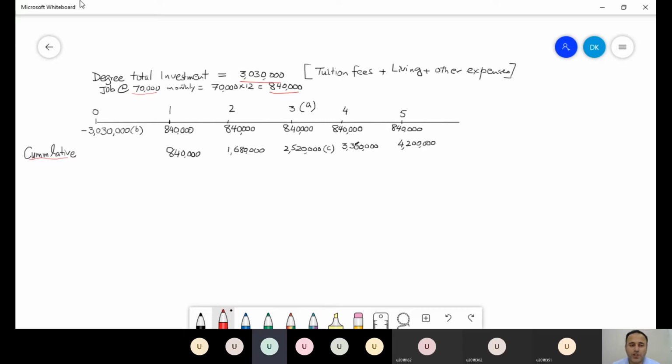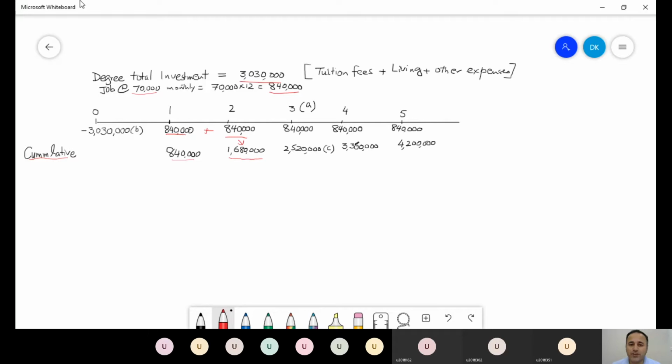So in the first year, the student is expecting to make 840,000 rupees. In the first 2 years, he or she is hoping to make 1,680,000 rupees cumulative, so 840 plus 840. In the first 3 years, of course, 2.5 million.